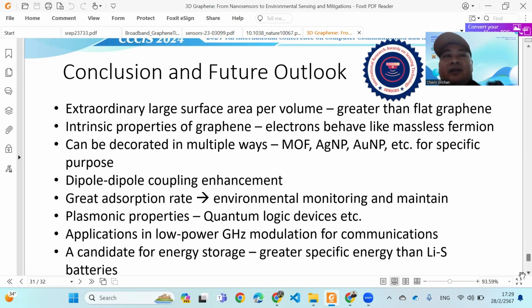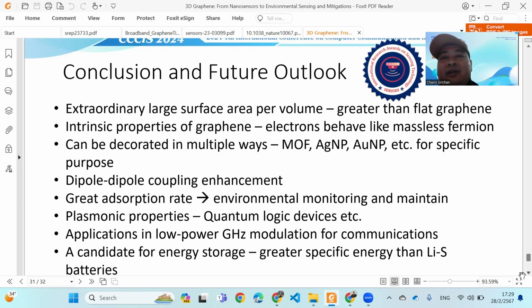We could also do environmental sensing, like arsenic sensing, and it is also possible to use the 3D graphene to absorb organic pollutants such as glyphosate efficiently. Finally, we could do energy storage, I think in the near future.